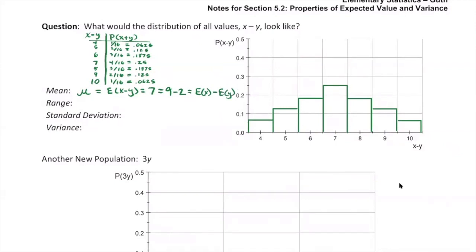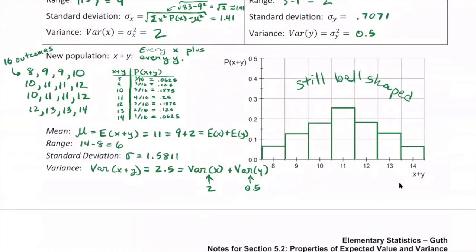Okay. The range, now this is interesting, the range is 10 minus 4, which is 6. And that brings out the important idea that while the means did subtract when we subtracted the variables, 9 minus 2 is the mean, which is 7, the range is the same as when we added the variables.